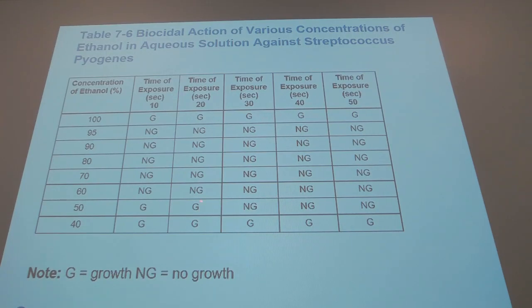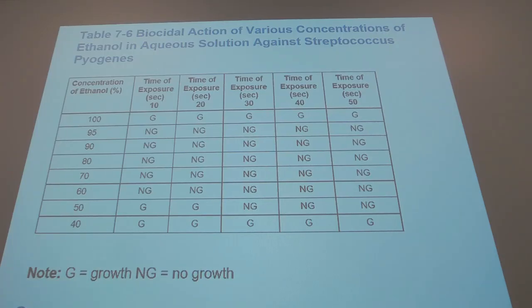If you withdraw that 50% concentration from wherever you are disinfecting, then you have bacterial growth. But if you continue soaking it in this concentration, after 30 seconds, you will start killing the bacteria.